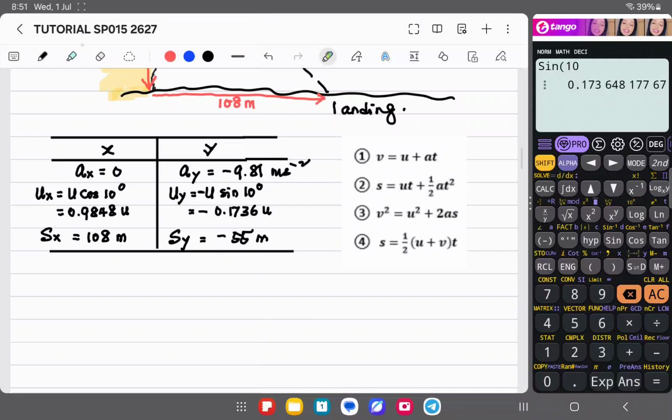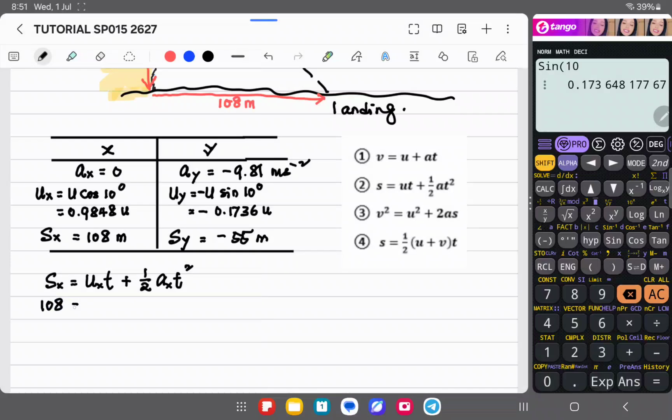To determine u, I consider the horizontal component, the x component. I know about the displacement s, so I can use the second equation: sx equals uxt plus half axt squared. I put in the values.